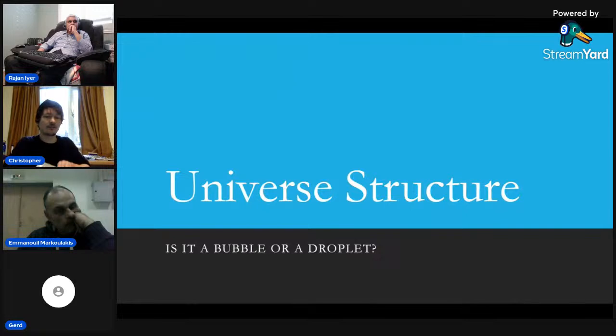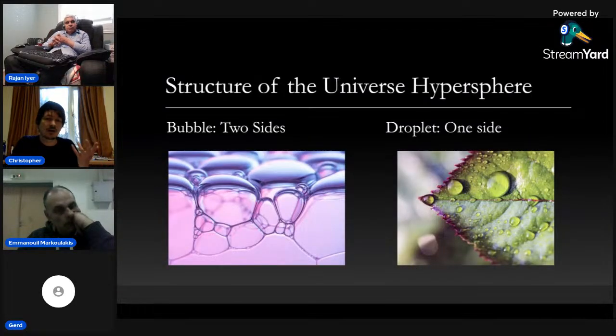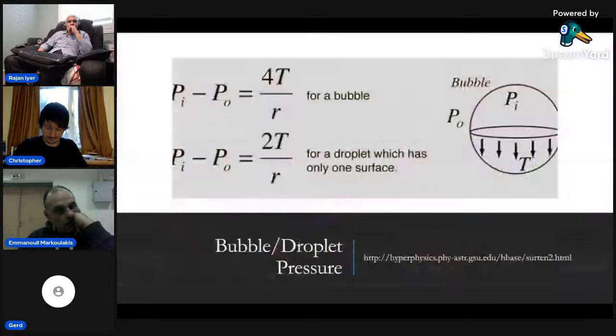So we'll move on to universe structure. And really the question we're asking here is: is the hypersphere a bubble or is it a droplet? As we know, bubbles have 2 sides, whereas a droplet only has 1 side. So we're returning to an issue similar to Bartholin and Barber's work, those 2 French physicists who were looking at bubbles.